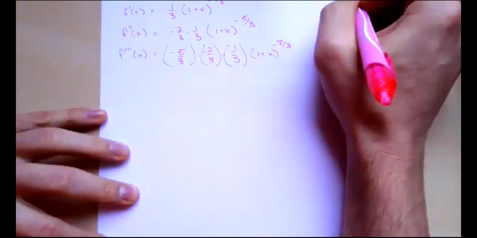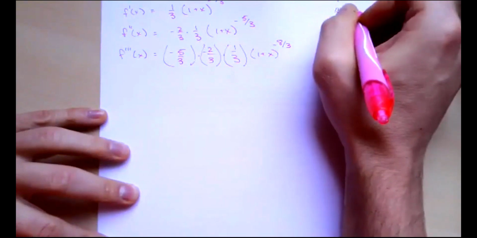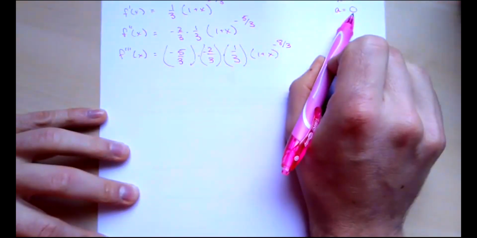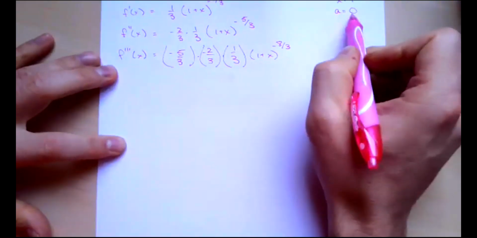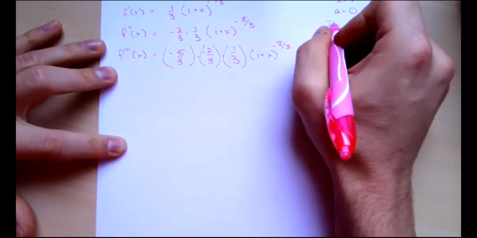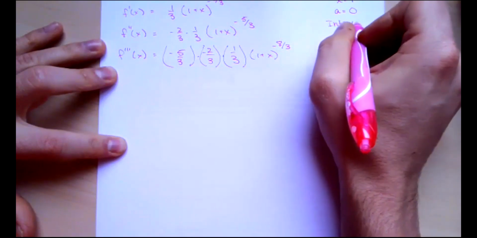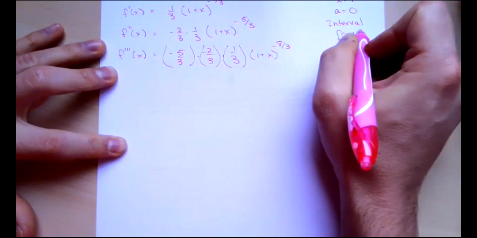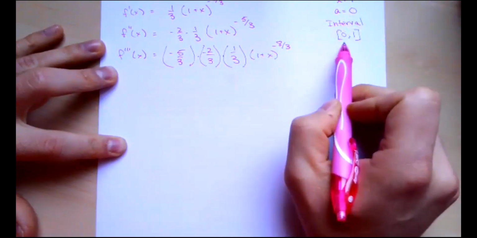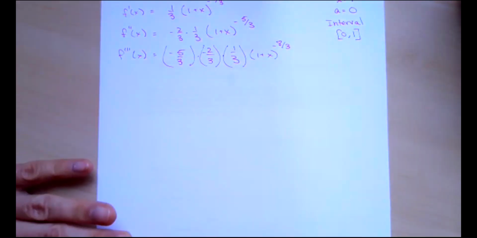So my x value equals 1. We're going to expand the Taylor series at 0, which means I got to evaluate all of those guys at 0. And this means that the interval we care about is between those two guys, so 0 to 1.